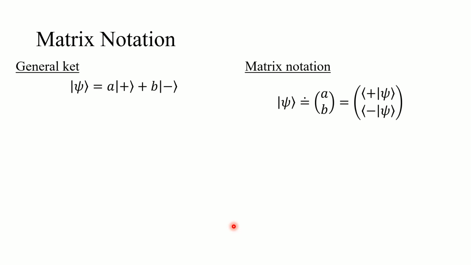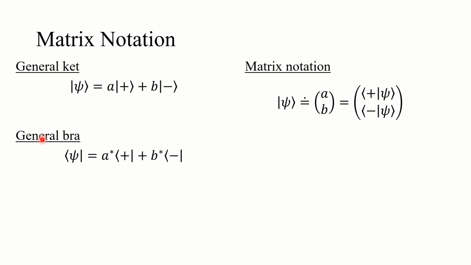So if we compare what we've been discussing so far with our generalized ket notation and now our matrix notation, we have the general ket written as a linear combination of our basis kets, or in the matrix notation written as a column vector.